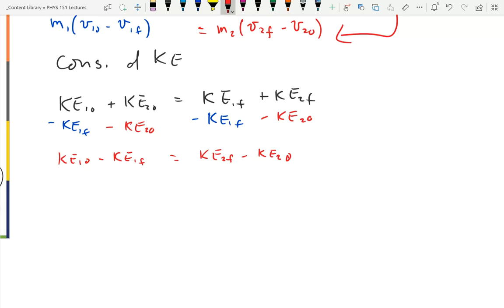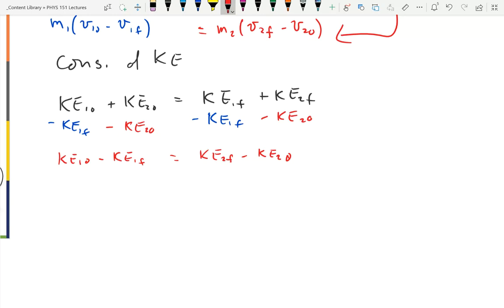What do you think should be the next line? Take out the carets. The K stands for kinetic, so I can't take out the K. I can replace KE with 1/2 mv squared, right? Because kinetic energy is just saying whatever it is. The equation is what I really need.